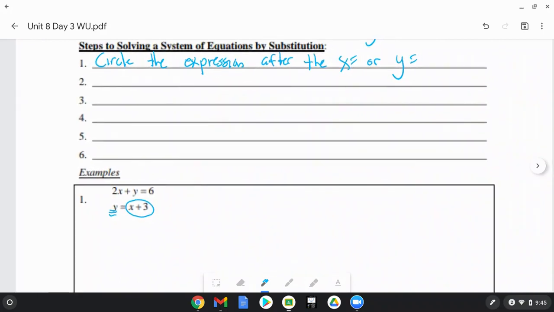My second step, and this is why it's called substitution, we're going to substitute the circled expression into the other equation. So if we look at this bottom example, it says y equals x plus 3.